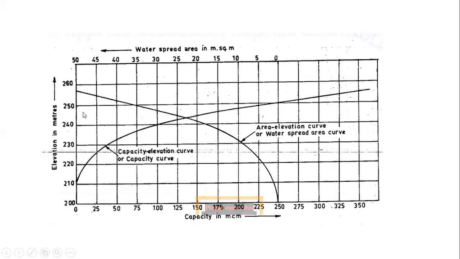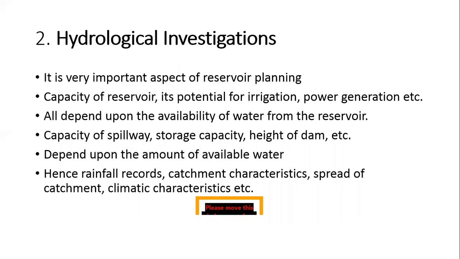At the same time, the capacity also increases as the depth of the valley goes on increasing. So that is also evident from the capacity elevation curve, or it is also called the capacity curve. And as far as spread or inundation is concerned, the area elevation curve is important for us.